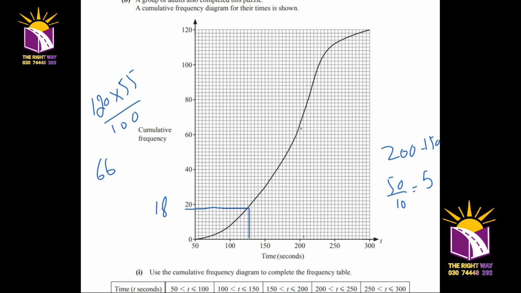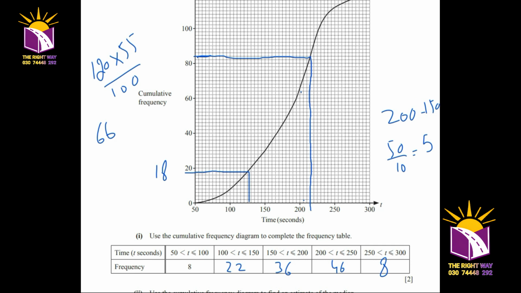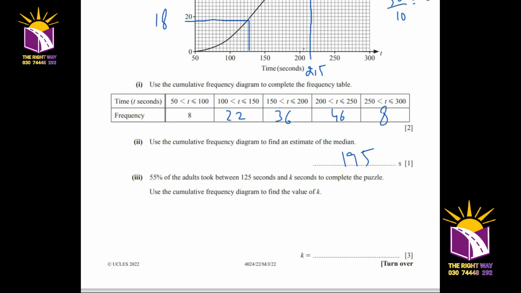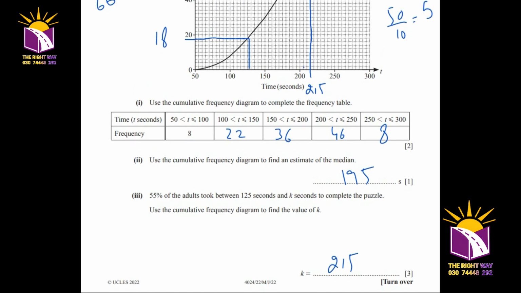So 18 plus 66 will be equal to 84. So it will be 84 over here, and the time for 84 will be 200, 205, 210, 215. So 215 seconds. So between 125 and 215 seconds, there are 55% of the adults who completed the puzzle.